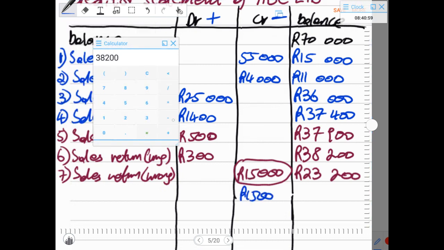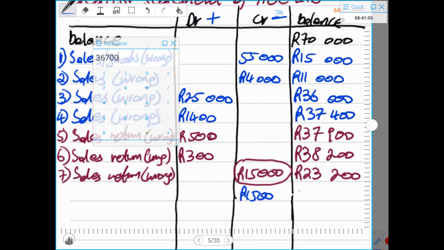Remember, before 15,000 was recorded, minus 1,500. So now we can see the correct balance was supposed to be 36,700 rands. So now by recording an overstated return on the credit side of the statement, which is the right side, it will understate the balance.